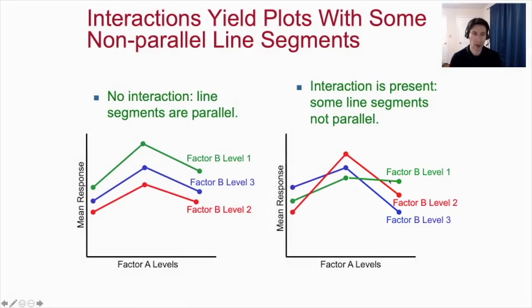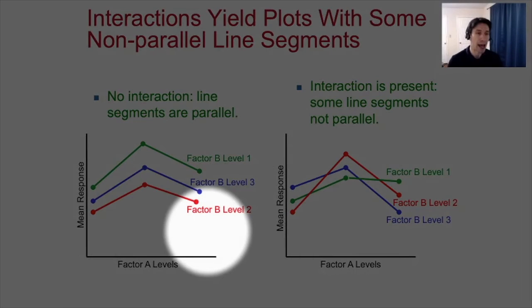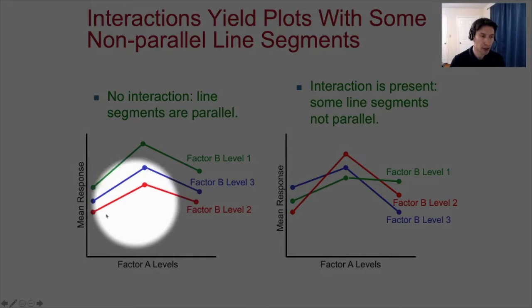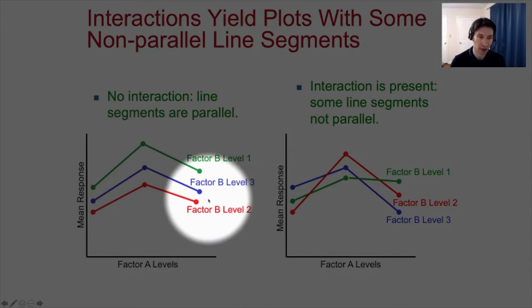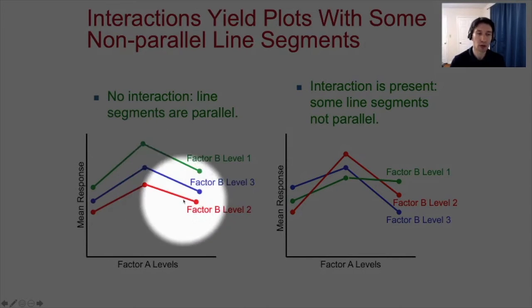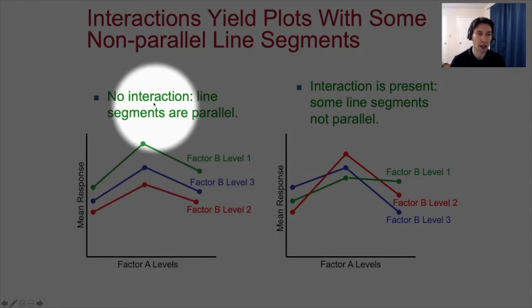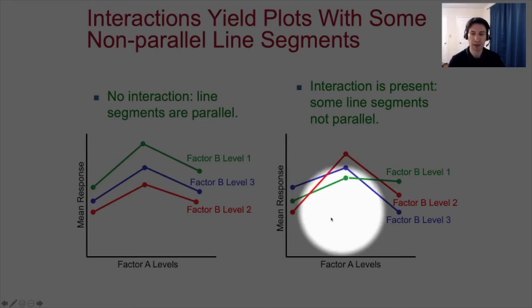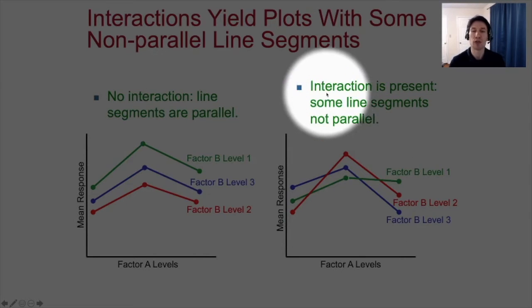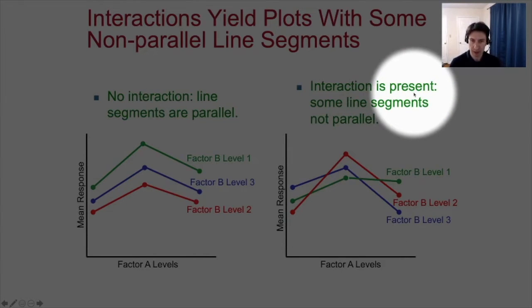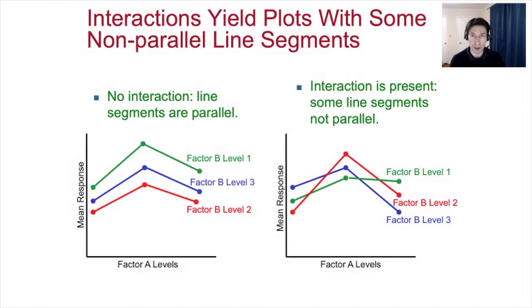Okay, so when you're doing a two-way ANOVA analysis and you plot the responses by factor, if they don't cross, it means you do not have interactions. There are no interaction effects. If they do cross, it means that you do have interaction effects. And Pearson will ask you to do this, so you should be ready to give these answers.